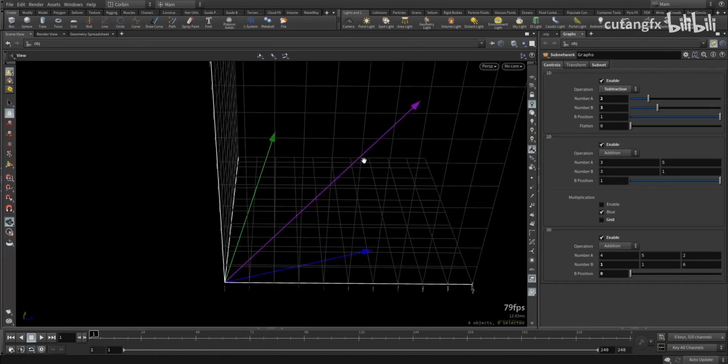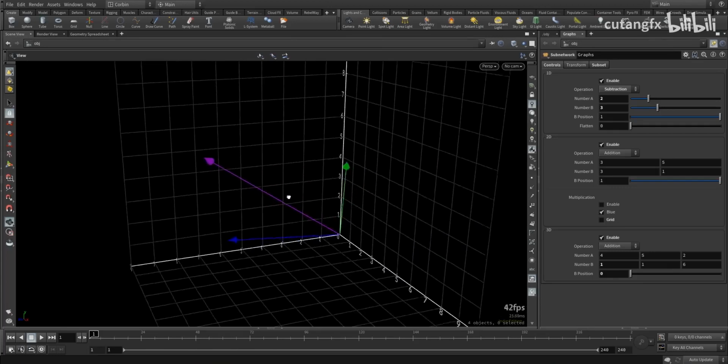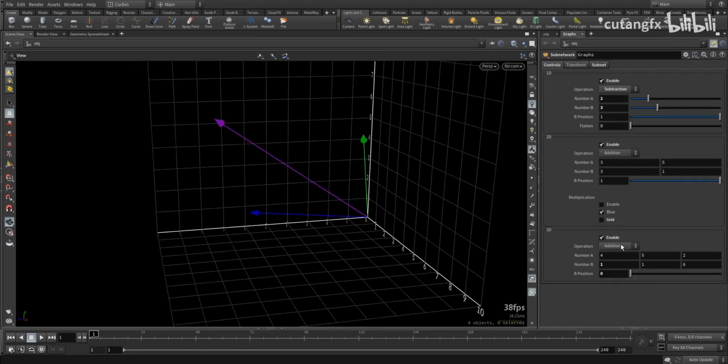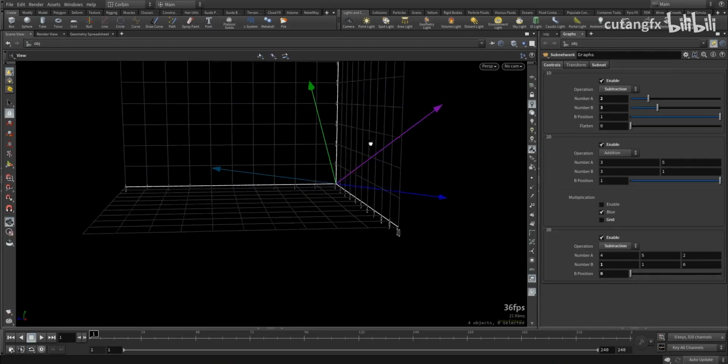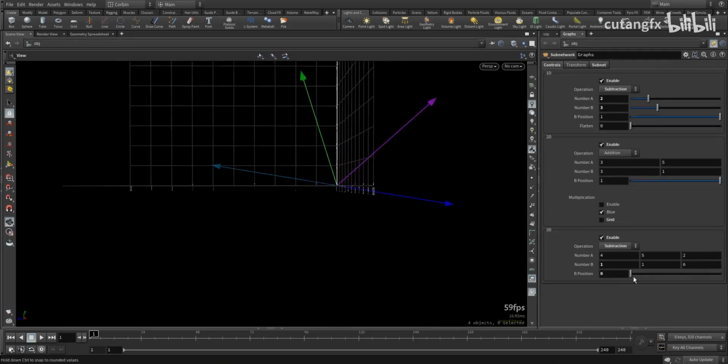Okay, so this is not a useful vector to us in this case because we want to get from here to here. But it is useful if we subtract. In other words, we negate this value. Because if we say subtract that value, then what happens is we're essentially saying we negate it, and then we are attaching it there, and then this purple vector is formed.